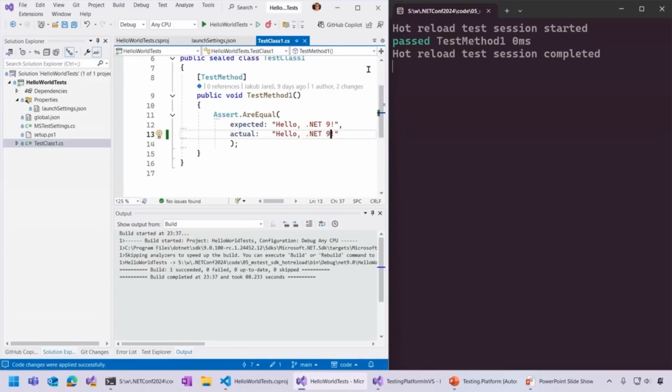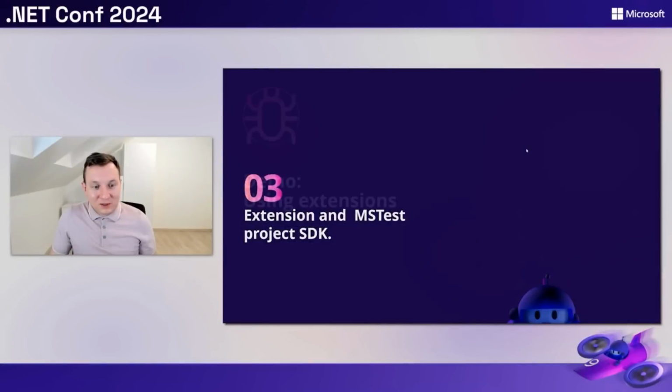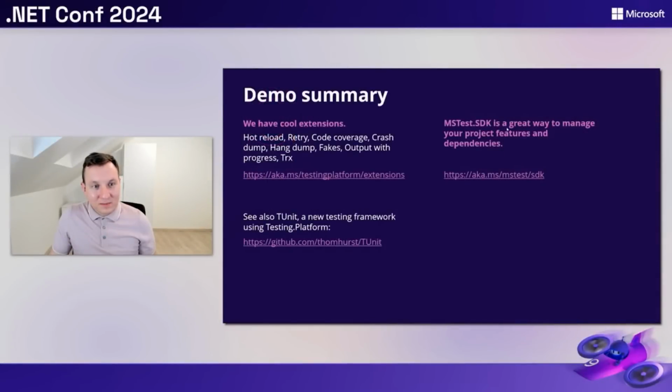So hot reload is integrating with the hot reload capability. It makes running tests interactively quite easy. You can use it together with filters, and it's really good experience of debugging and running your tests. So that's hot reload. Let's switch back into the presentation.